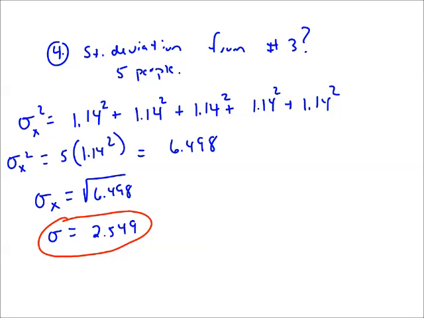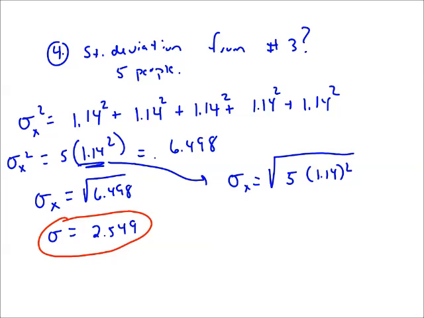Now, you could also see this. Well, let's take a look here. Standard deviation squared, x, is the square root. Well, no, we want to find the variance, so it's going to be the square root of 5 times 1.14 squared. So those of you that are slick, you can say, oh, the square root of the square cancels out, so it's 1.14 times the square root of 5.